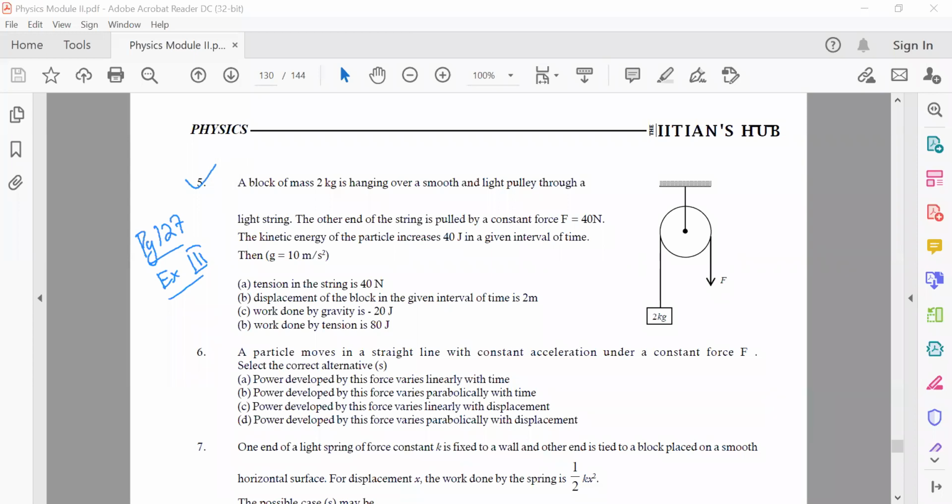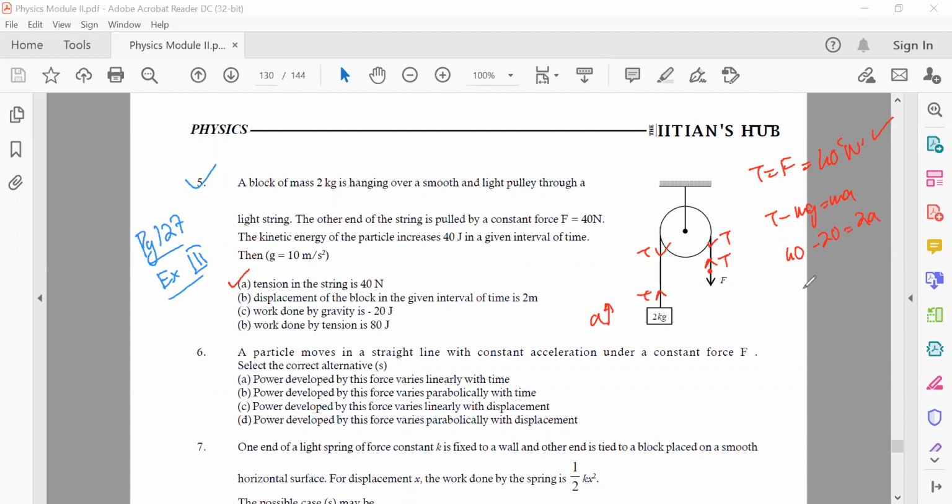Okay, so this is a very easy question, but the only thing is you have to mix the concepts of work, energy and Newton's laws in this. If you're pulling with a force F at the end of the thread, as you know, the tension in the thread will be equal to F because it's a massless thread. So T will be equal to F, equal to 40 newtons. That's the first thing. So the acceleration of the block will be given by 40 minus 20 is equal to 2a.